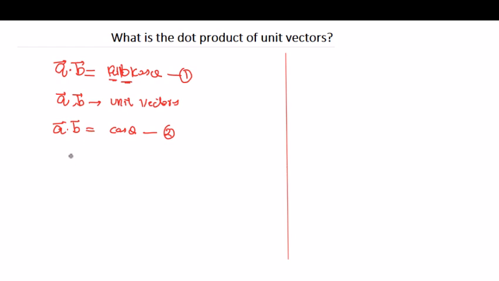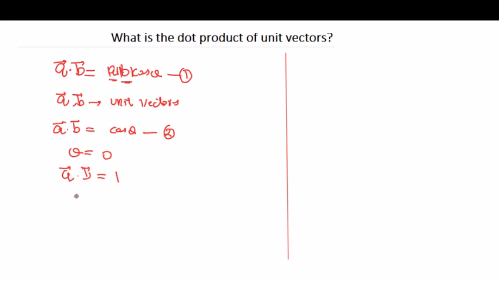Now if theta is 0, then dot product will be equal to 1.